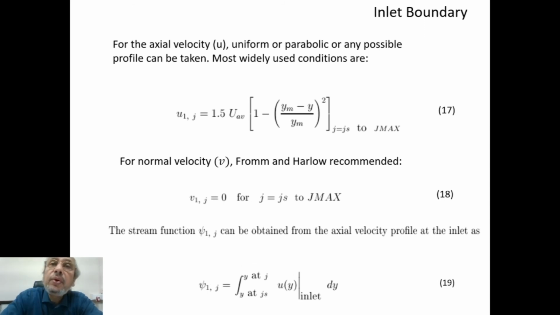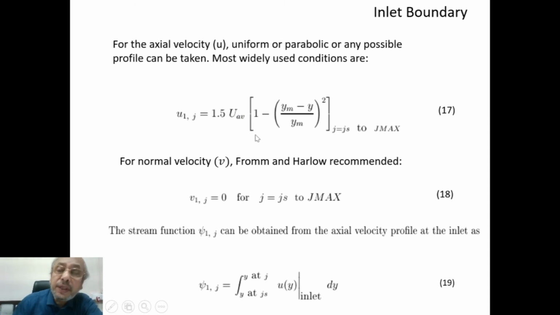And if you know it from elsewhere, like if you are doing a parallel experiment and experimentally obtain the velocity profile, you can map that. So it is up to you, you have to prescribe it. But I have just given a parabolic condition.